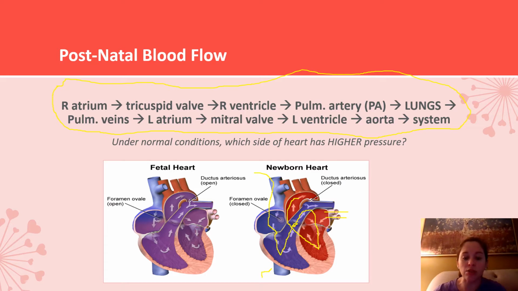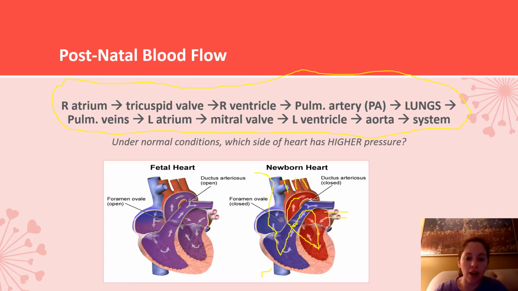These two vessels move blood from the left ventricle into the lower parts of the body, like the lower legs and the lower abdomen, and these upper vessels of the aorta push blood into the upper part of the body, like the chest, the head, and the brain. That's going to be really important as we go through the lecture and talk about specific congenital heart defects.